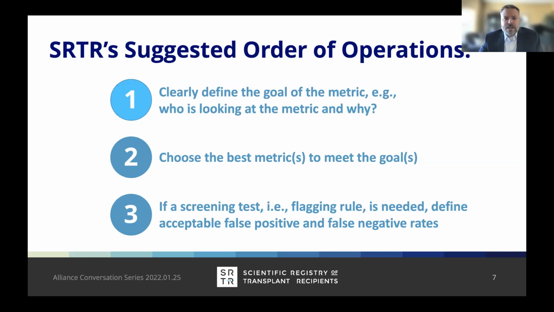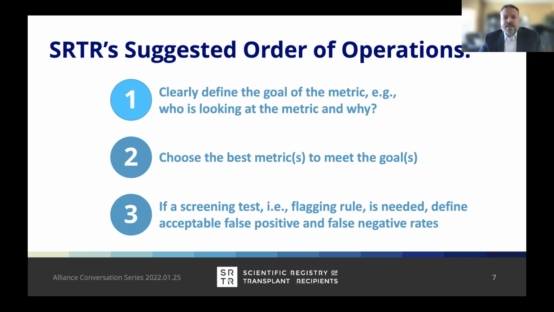So once we've defined in step one the goals of the metric and who's looking, then that really helps us narrow down what are the best metrics we can come up with to meet that goal or the set of goals. And then finally, there's this concept of screening tests. It's a bit of a broad concept, but in the context of the MPSC, we often hear this referred to as a flagging rule.